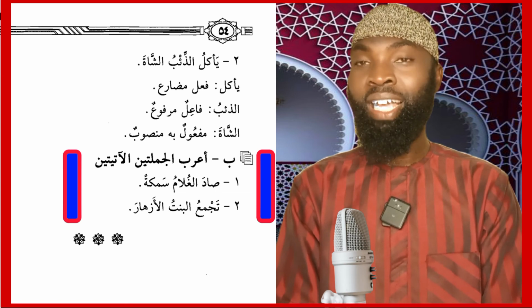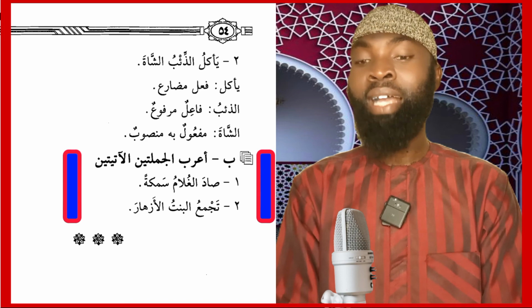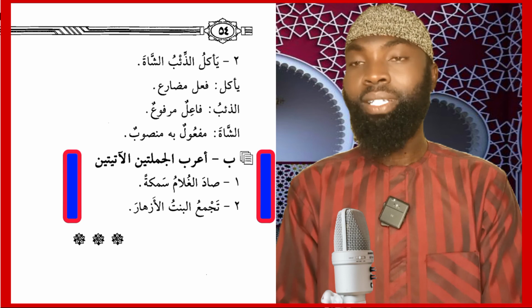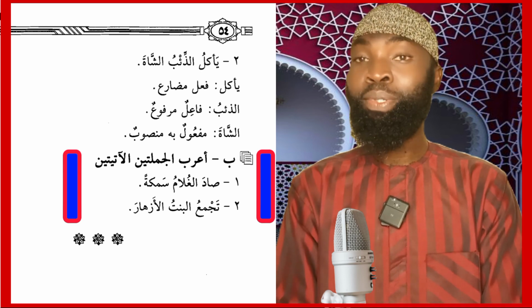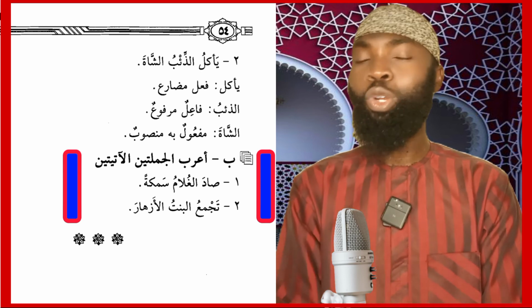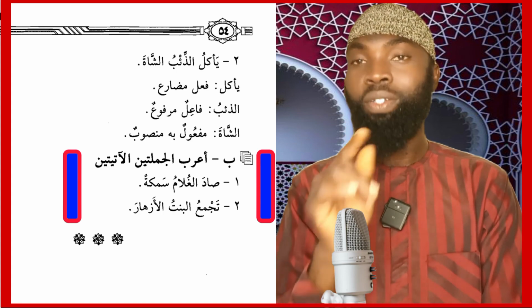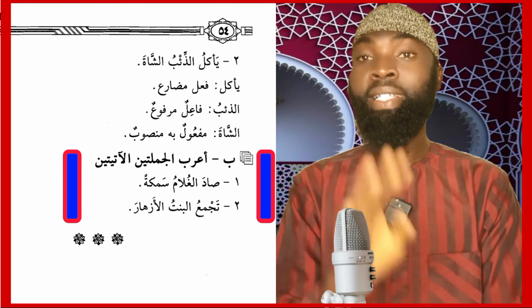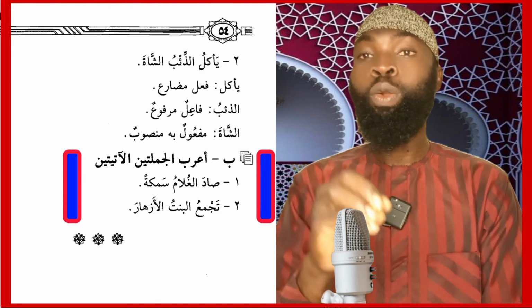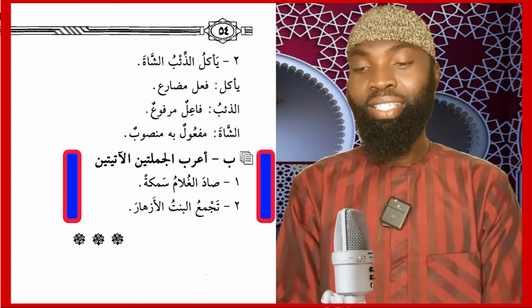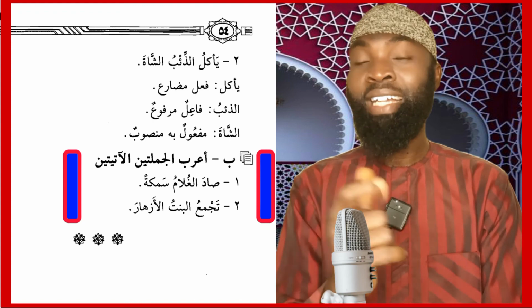And number 2, we have Tajma'u al-bintu al-azhara. The girl is gathering the flowers. So tajma'u is fi'lun mudari'un. How do we know it's a fi'lun mudari'? Because it begins with ta. And ta is one of those 4 letters that are called the ahruful mudara'ah, the letters of the present tense: hamza, nun, ya, and ta.